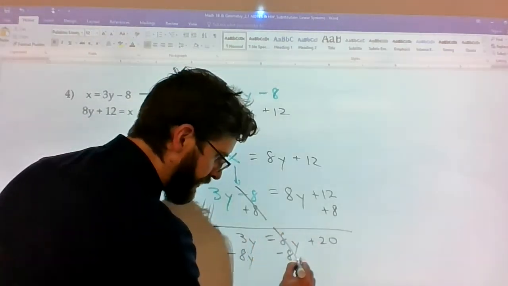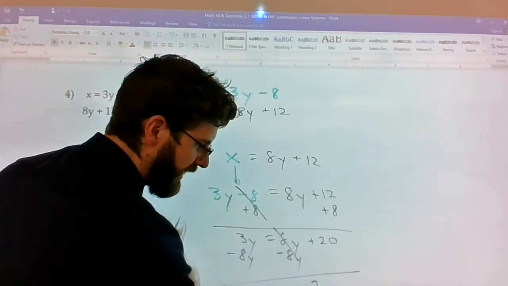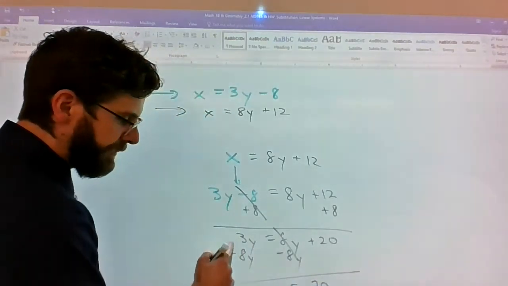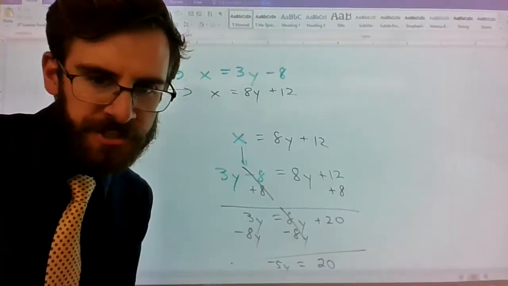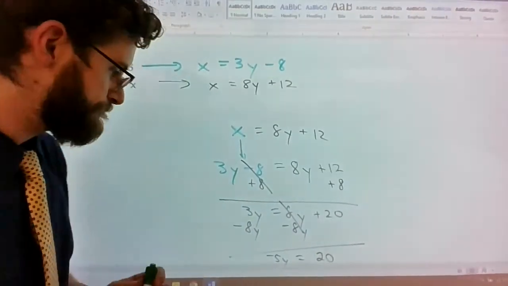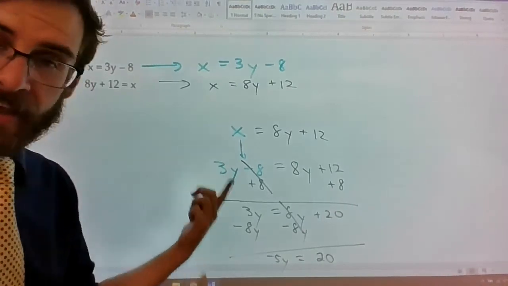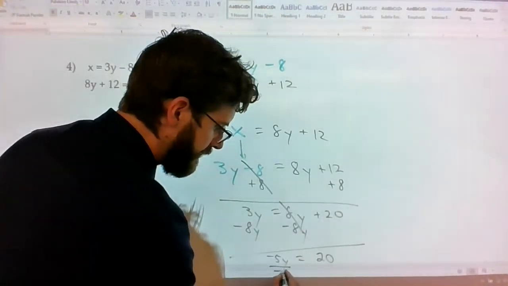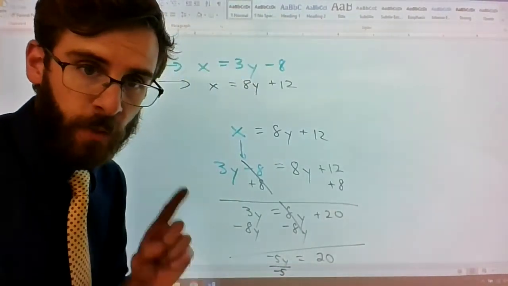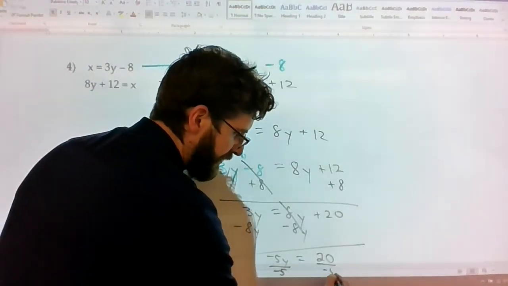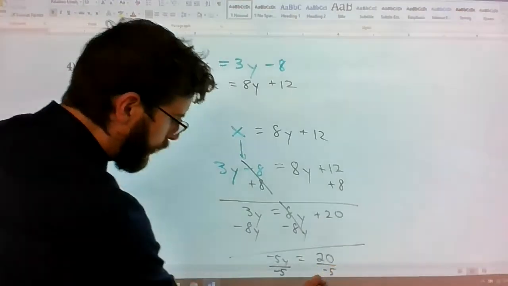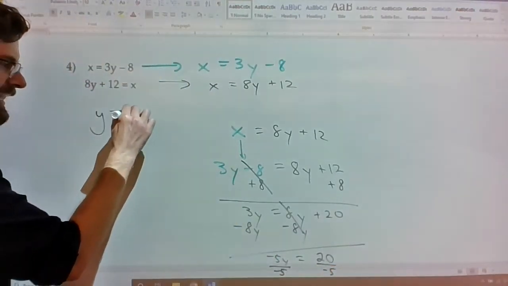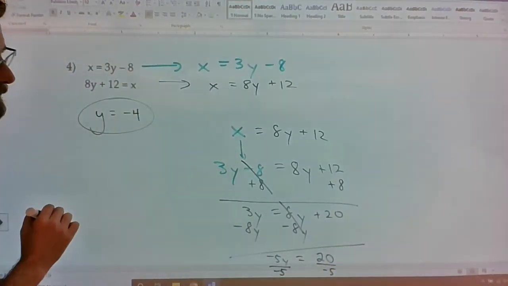So that would be 0 plus 20 is 20, and 3 minus 8 is negative 5y. My apologies, you could not see that last move. And then we just divide by negative 5 on the left to create a 1y, divide by negative 5 on the right, and then you get 20 divided by negative 5. That equals y equals negative 4 on that move.